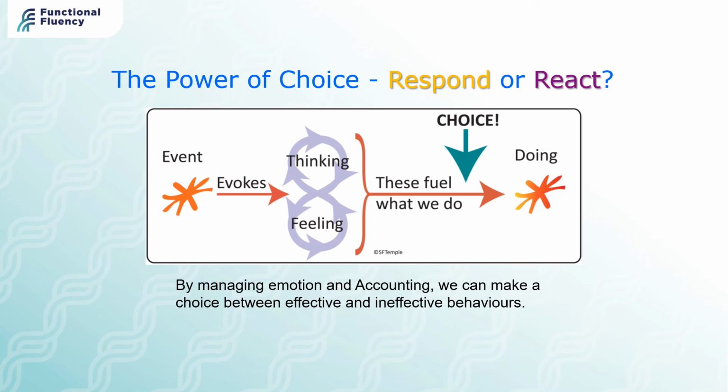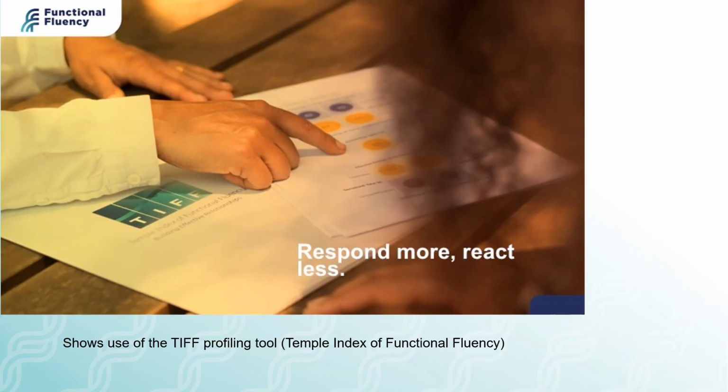And that is how people can make use of functional fluency and the personal profiling tool that goes with it called TIFF in order to find out what are their strengths and where are there areas where they could be using effective behaviours instead of wasting energy on ineffective behaviours. It's all about responding more and reacting less.